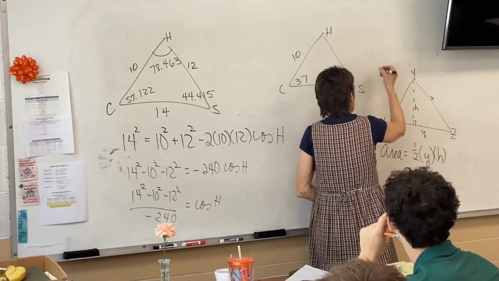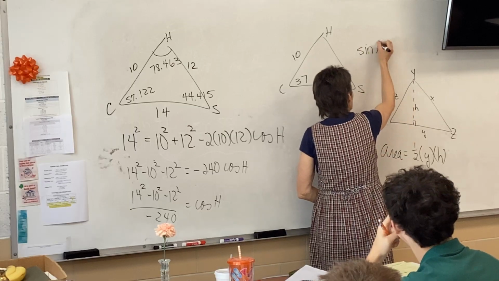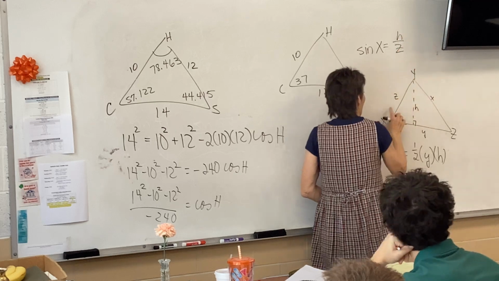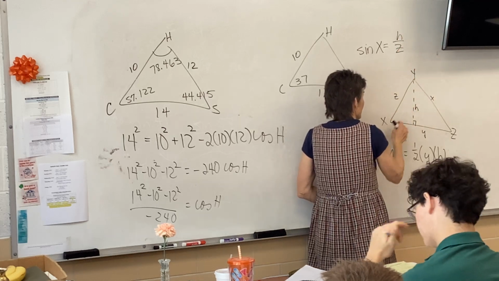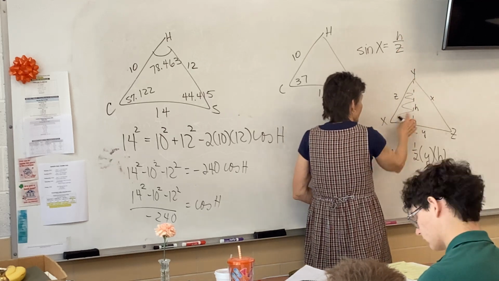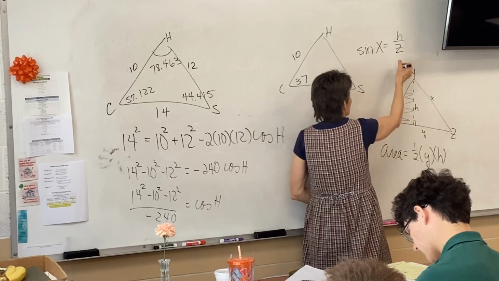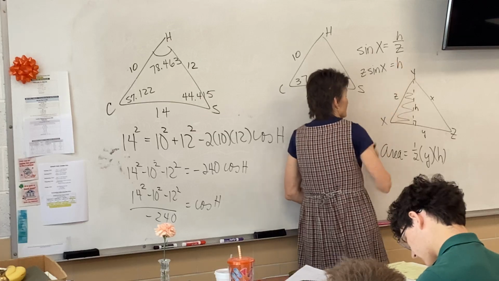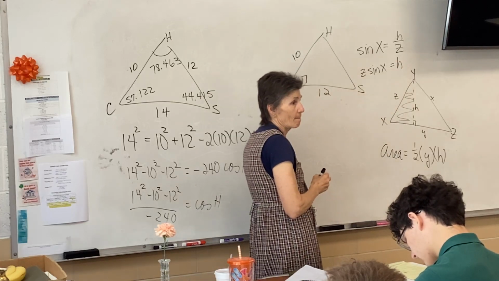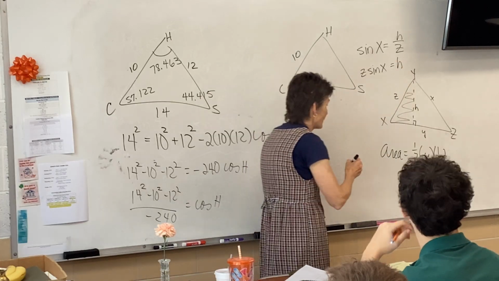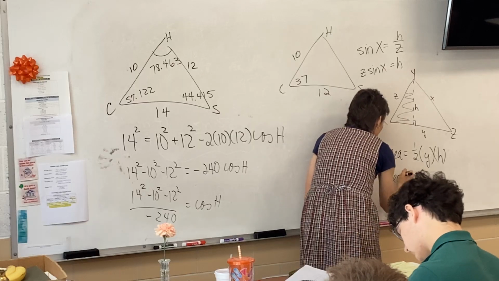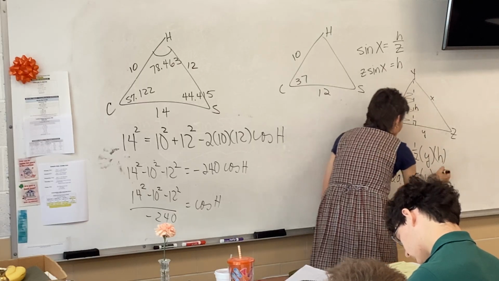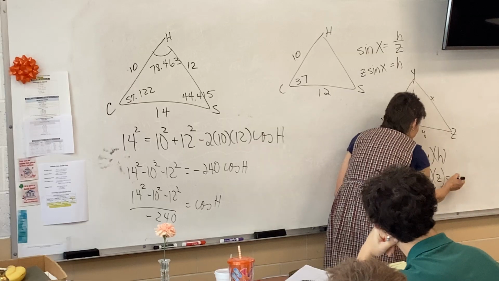So isn't it true that the sine of x equals h over z, opposite over hypotenuse? So h is z sine x. So the area of my triangle is 1/2 y times z sine x.